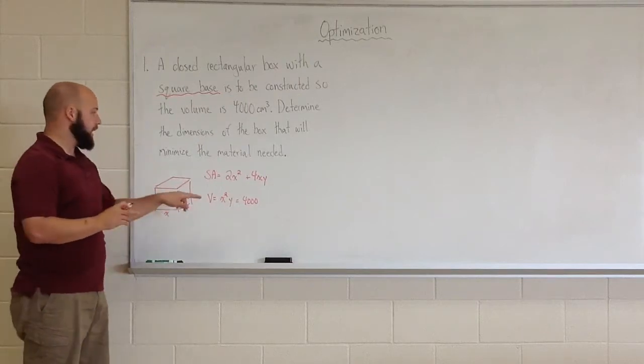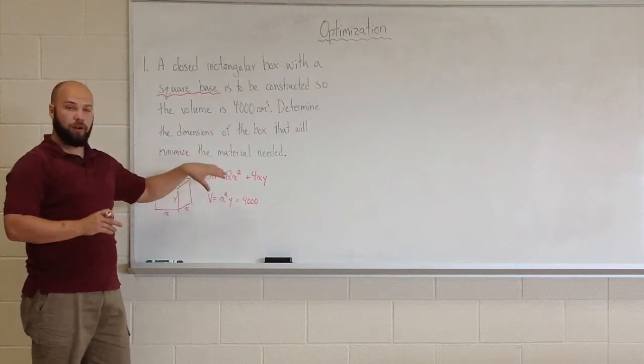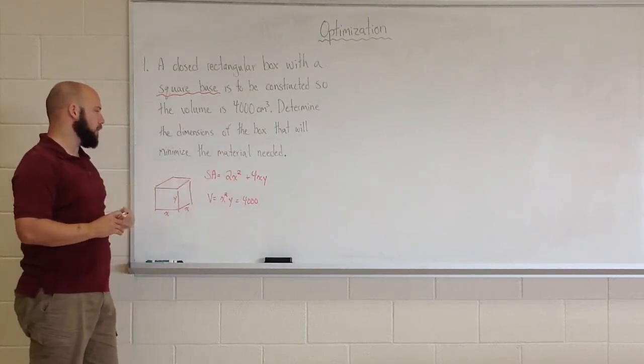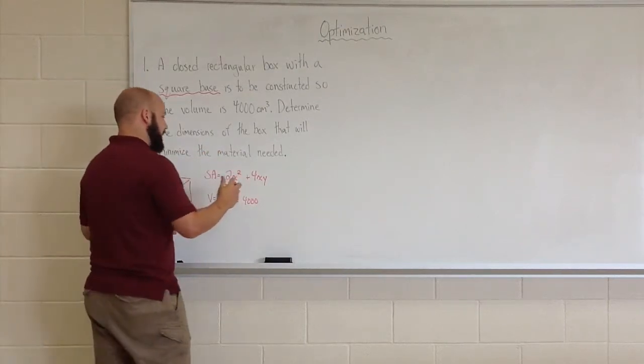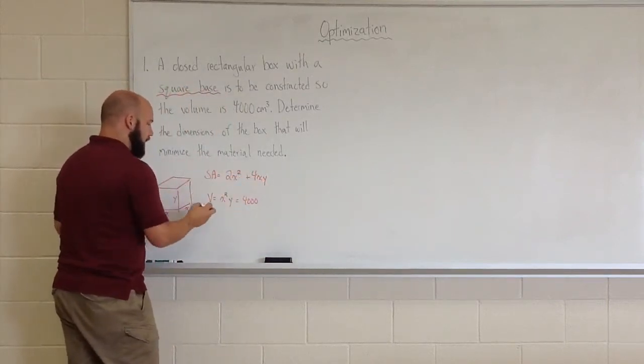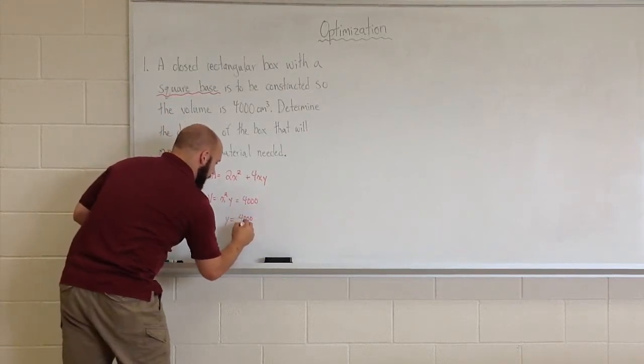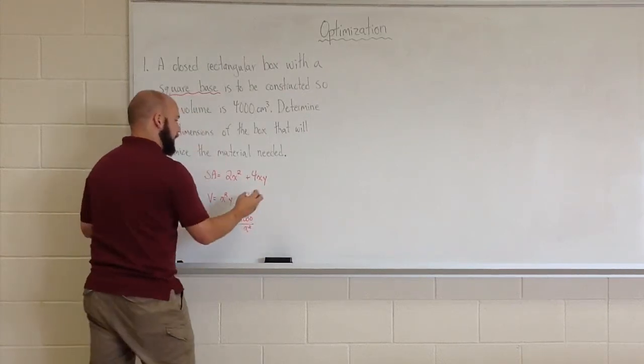So I always like to say if we're optimizing surface area, we're going to need surface area as a function of one value. So we're going to need surface area here as a function, and let's make it as a function of x, because we can rearrange y to equal 4,000 divided by x squared.